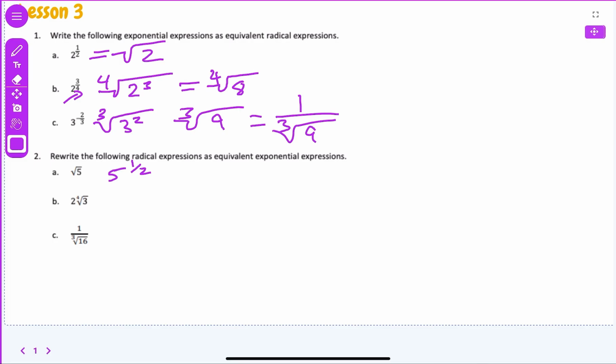Anybody want to take a stab at B there? Anybody? What do you mean you want to use parentheses? I don't think so. I don't think you're going to do that.